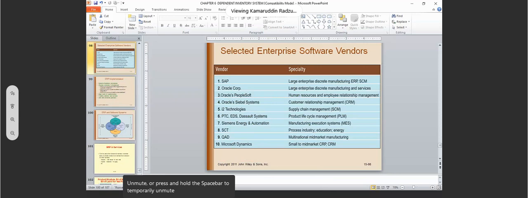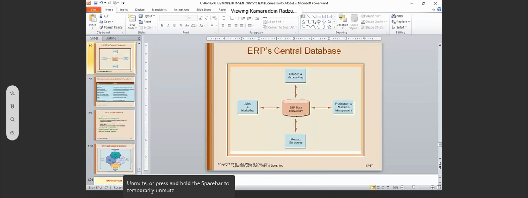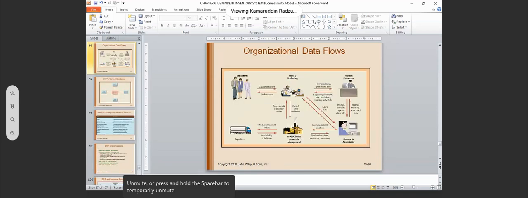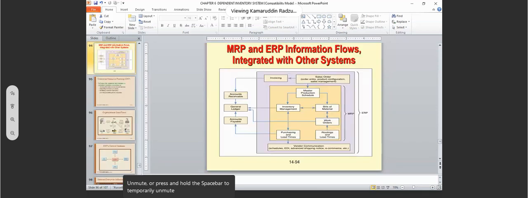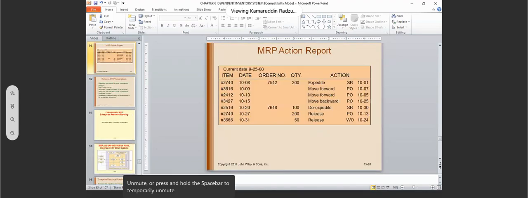Dia cuma bagi penerangan tentang output daripada MRP system, sama ada dalam bentuk arahan kerja, reschedule notice ataupun plan order release, kan? Boleh?